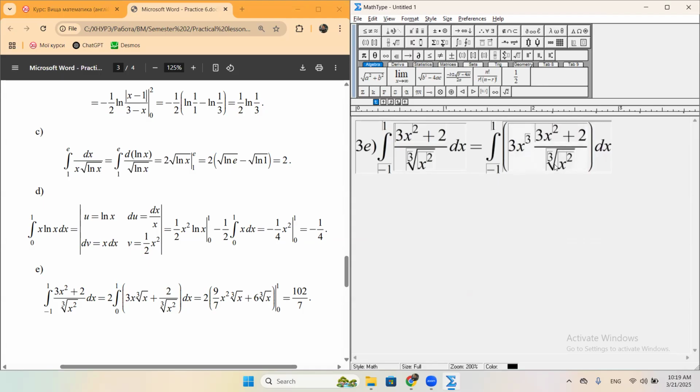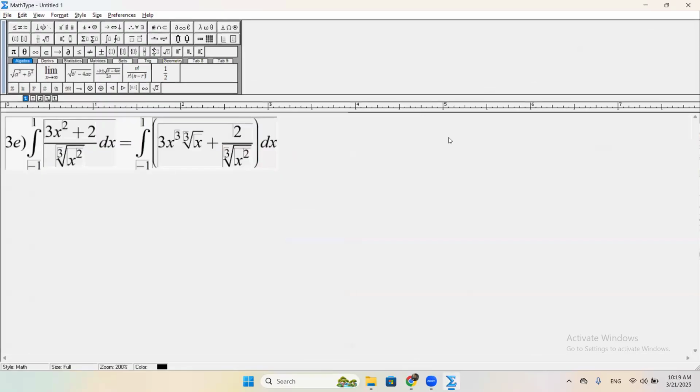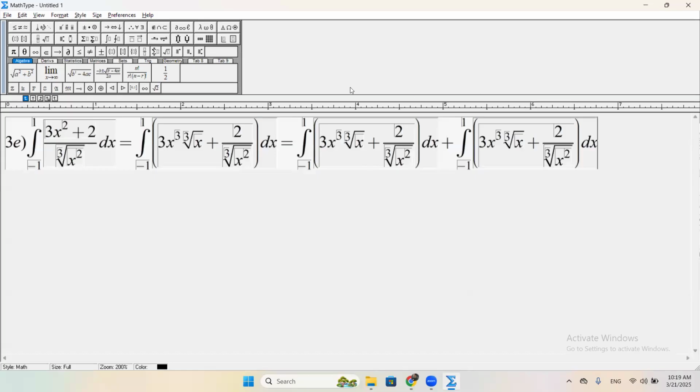So x cubed by cube root of x, and plus 2 over this expression. So this is not a correct calculation because, yeah, the result is correct, but we need to split it into two integrals, because 0 is a singularity point and we don't know how it behaves.